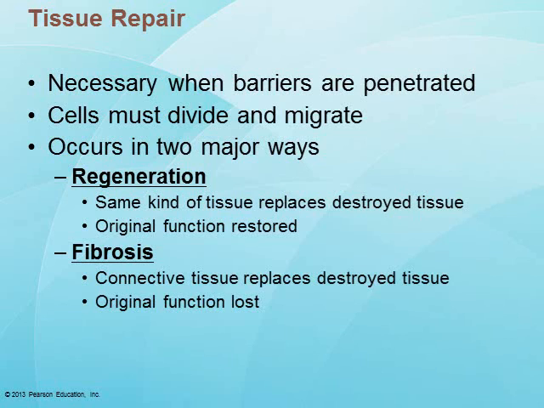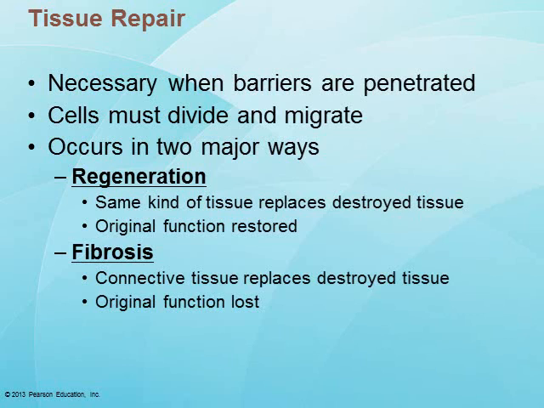That type of repair is called fibrosis. Fibrosis uses connective tissue to replace the destroyed tissue. Once it's replaced by connective tissue, what you get is a scar. The scar does not have the function of the original tissue. It just takes the place, that's all.